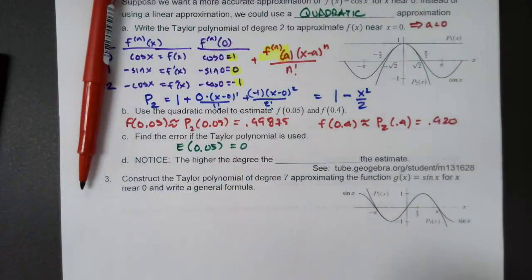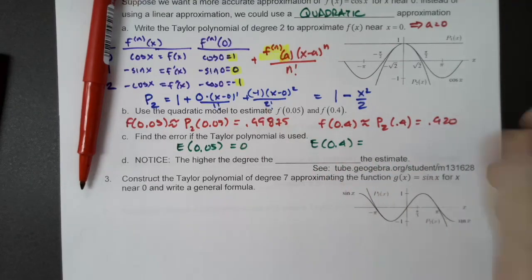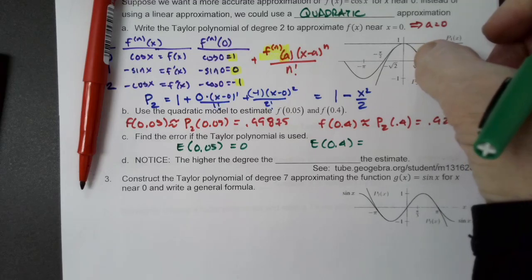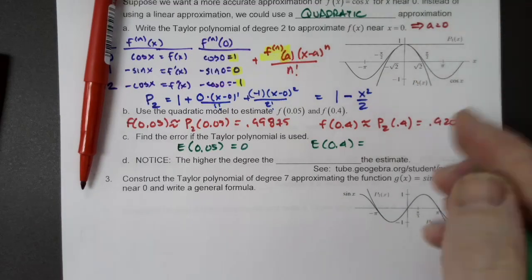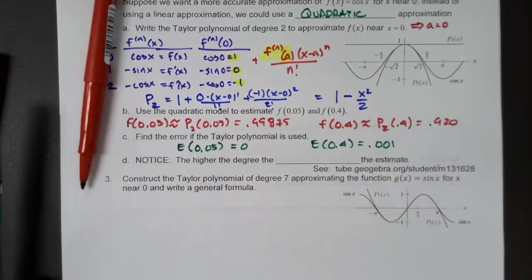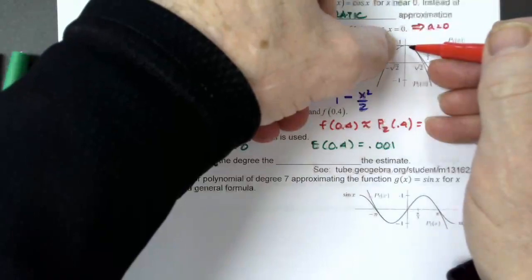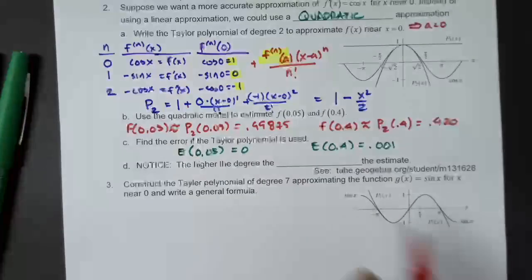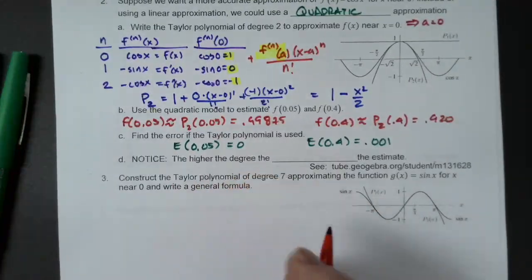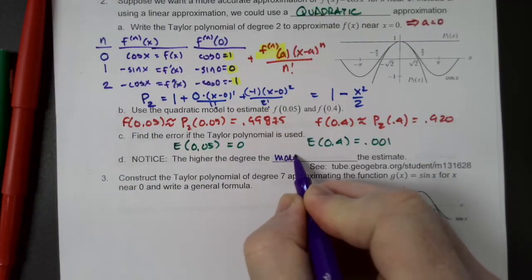Okay? And the error at 0.4, again, we're going over here, 0.4 away, is only now 0.001. So not only is it getting closer or staying closer to the center, but if we increase the degree, we will also become more accurate with our estimate.